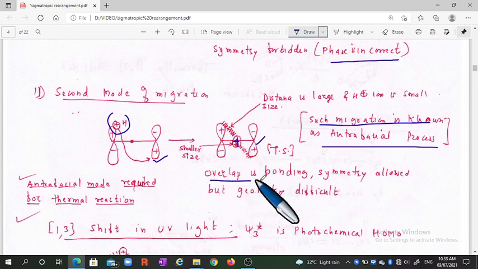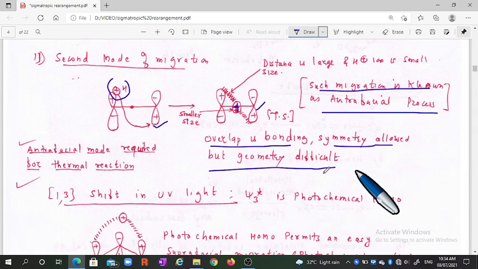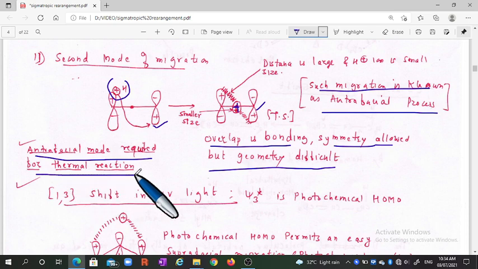Therefore the overlap is bonding, symmetry allowed but geometrically difficult. Why geometrically difficult? Because migration of hydrogen from this lobe to that lobe is difficult, as the distance is higher. Though it is symmetry allowed, it is geometrically difficult. This migration is considered an antarafacial process, and the antarafacial mode is required for the thermal reaction.